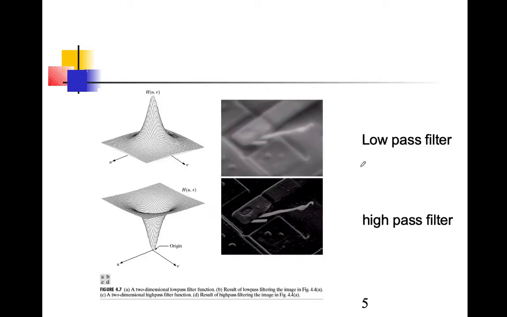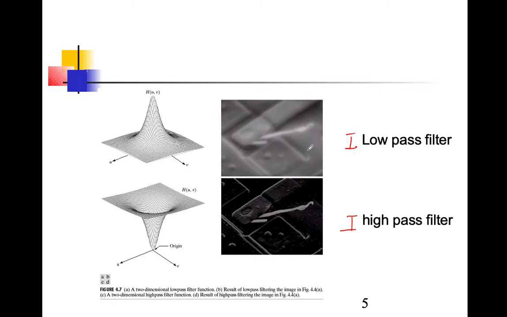As I told, we have two types of filters: the ideal low pass filter and the ideal high pass filter. The ideal low pass filter is the simplest filter used in the Fourier transformation function.